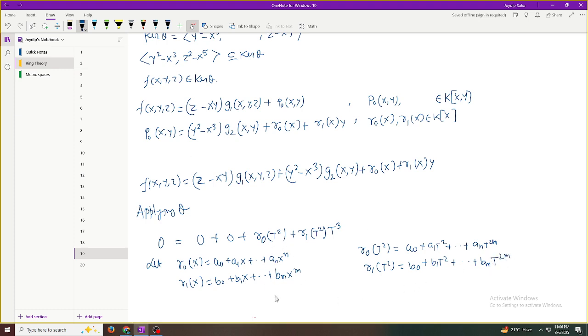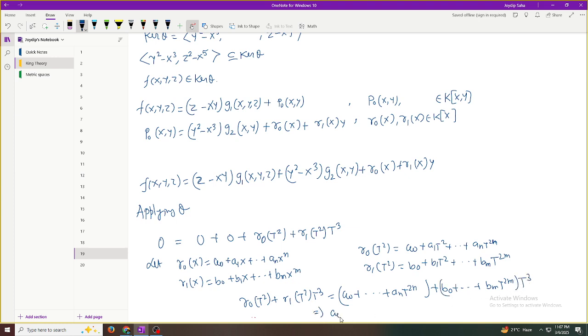Now r0 t square plus r1 t square times t cube is a0 plus up to an t to the power twice n plus b0 plus up to bm t to the power twice m, into t cube.